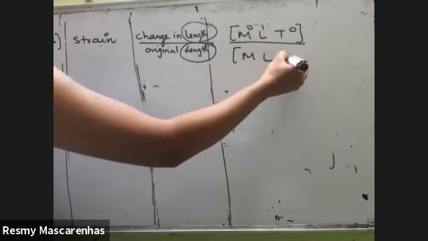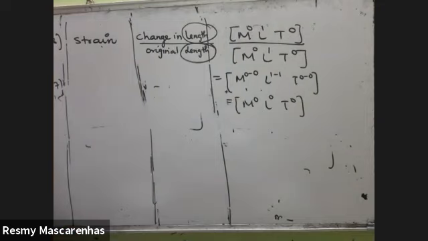And then calculate. 1 minus 1. So if you notice, everything will be 0. So it doesn't have any dimension.